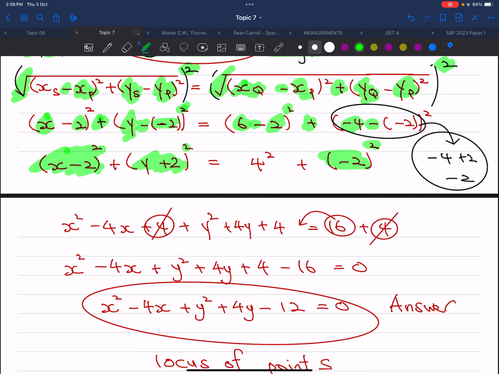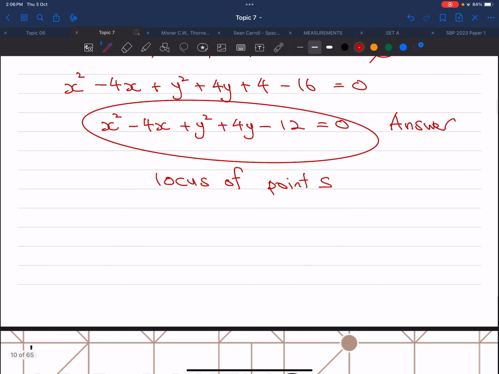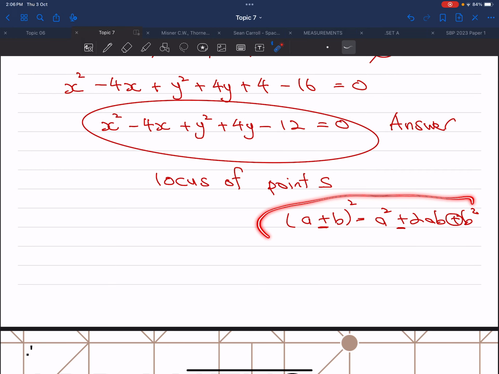And the formula, I'm going to write down here the formula. That is a plus b bracket square. It is a square plus 2ab plus b square. If it is here minus, then here also minus. Behind always plus. So this is the formula, lower secondary.